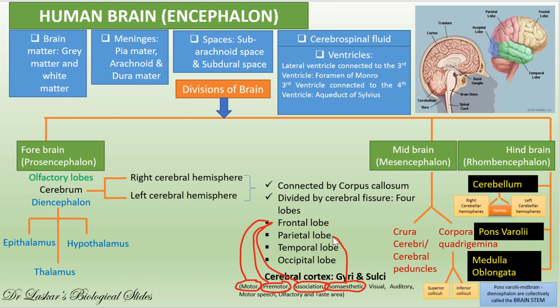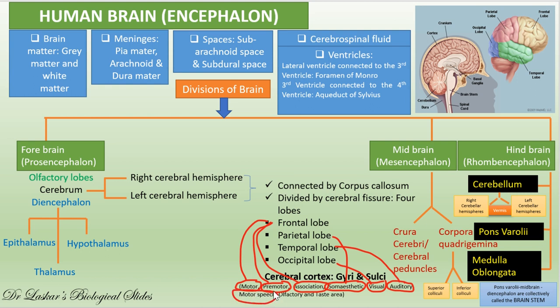It controls general sensations like pain, touch and temperature. Visual area is mainly present in the occipital lobe and it controls visual sensation. Auditory area is present in the temporal lobe and it mainly controls hearing.